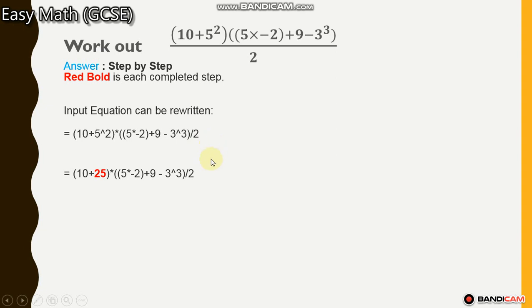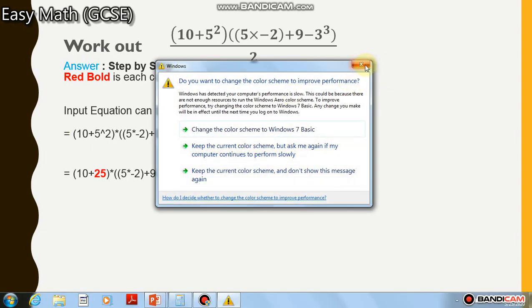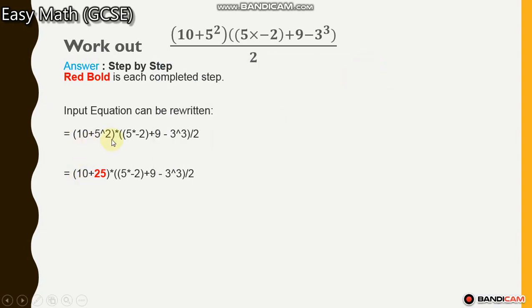Now, as we said, the completed values will be given in red bold. So 5 raised to 2 equals 25. Now continue. 10 plus 25 equals 35. After that, 35 times without change.